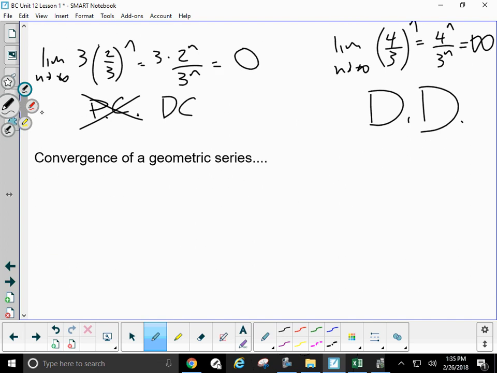Because a geometric series will converge if r, the absolute value of it, is less than 1.